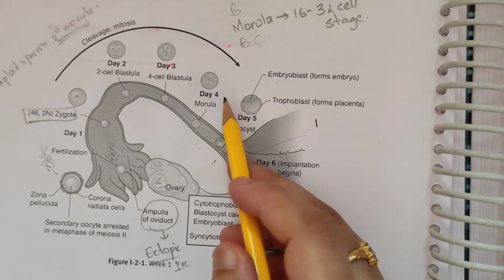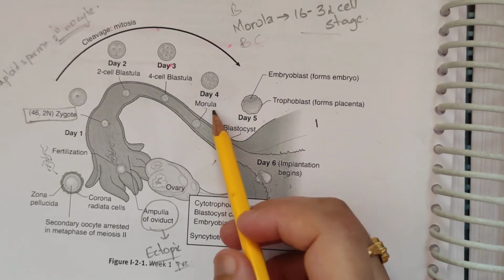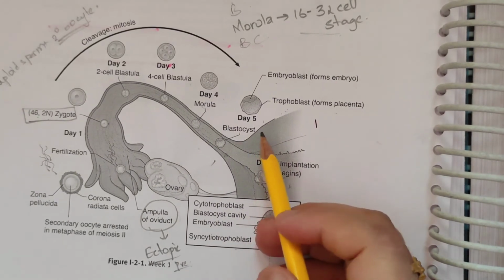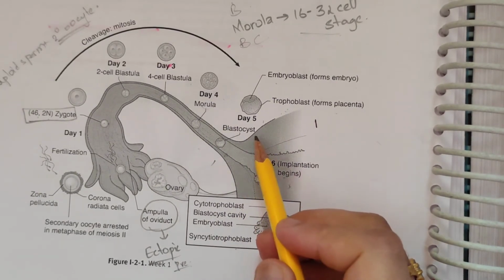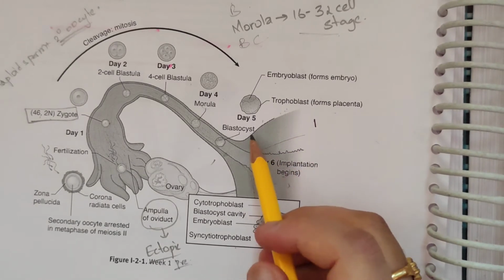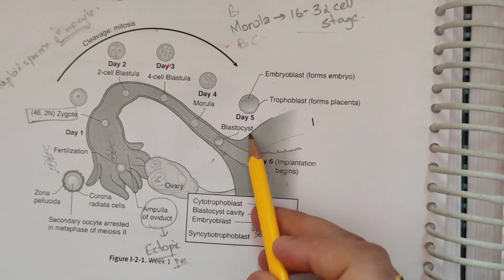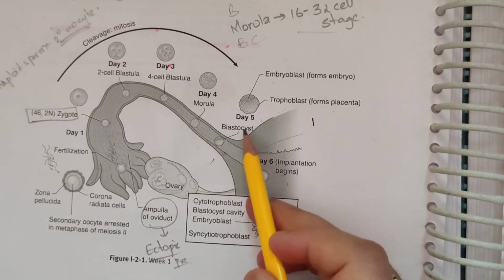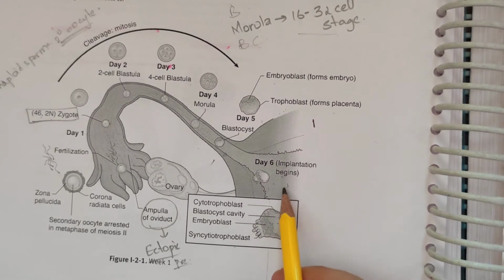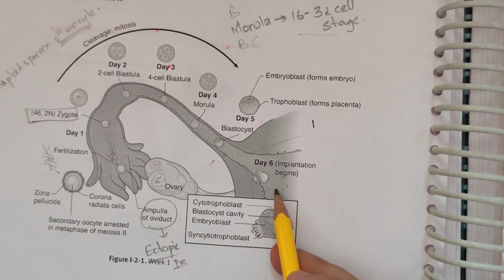Day 4 is the 16 to 32 cell stage, which is the morula, and day 5 is the blastocyst. This is the 64 cell stage, and cyst means a mass of cells, so it is called the blastocyst. On day 6 implantation occurs in the posterior wall of the uterus.